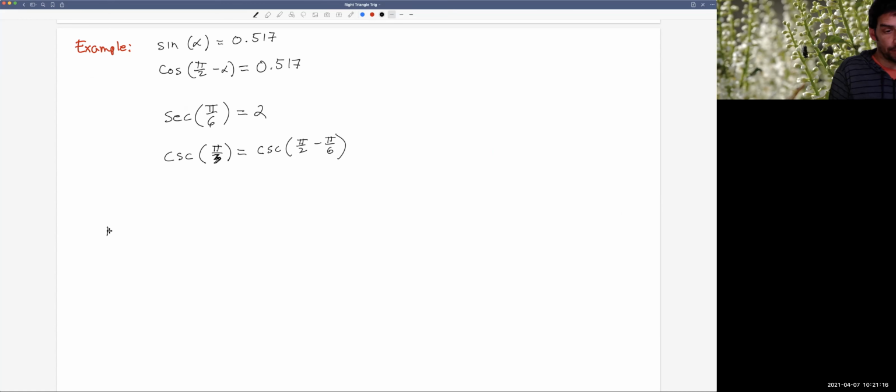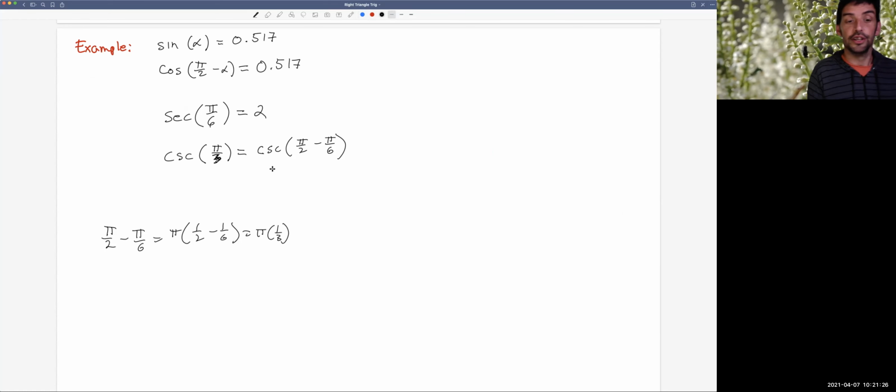Right, if you don't believe me, pi over 2 minus pi over 6 is pi times 1/2 minus 1/6. 1/2 minus 1/6 is 1/3. So I haven't changed anything there.